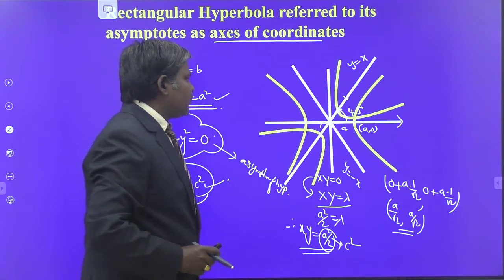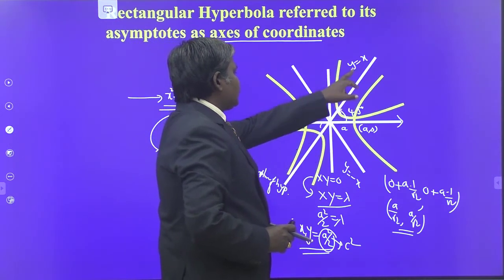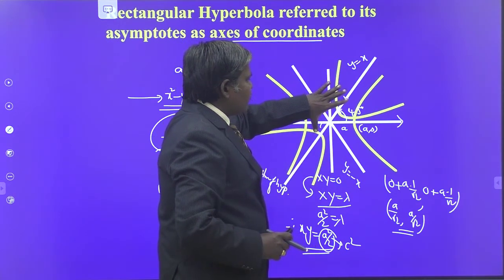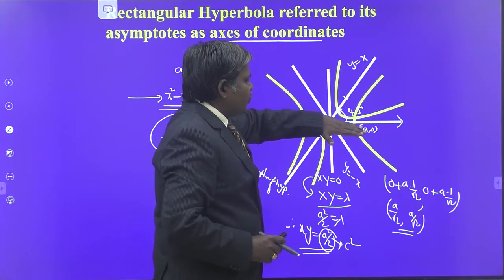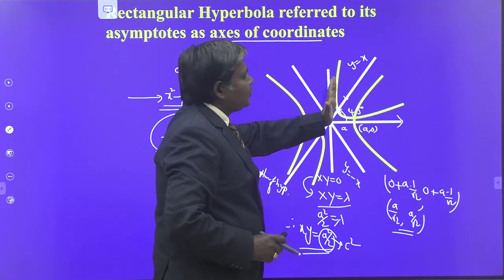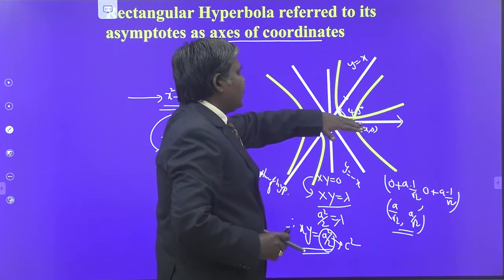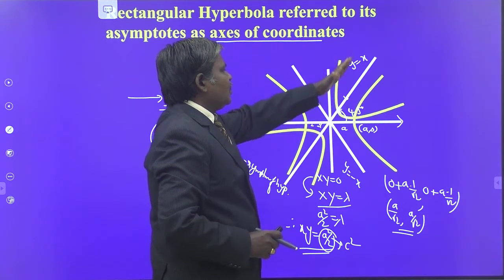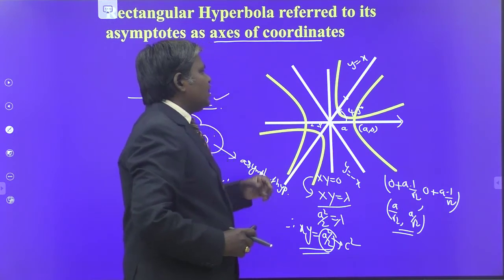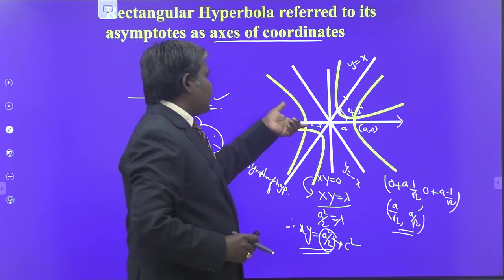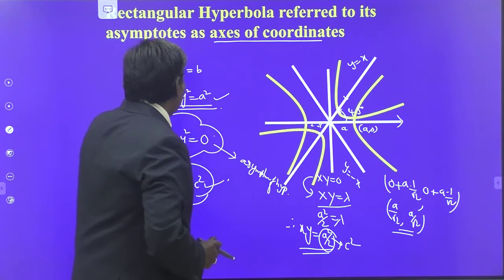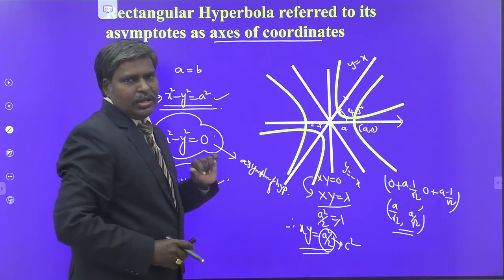Rotate the axis 45 degrees. Then your asymptote becomes the coordinate axis. So y equal to x is what? Your asymptote. So rotating the coordinate axes by 45 degrees, your coordinate axes coincide with y equal to x, that means the asymptote. y equal to minus x is the other asymptote for x square minus y square equal to a square.